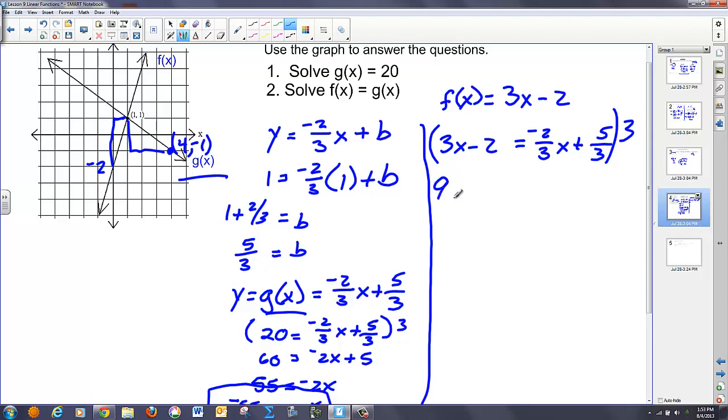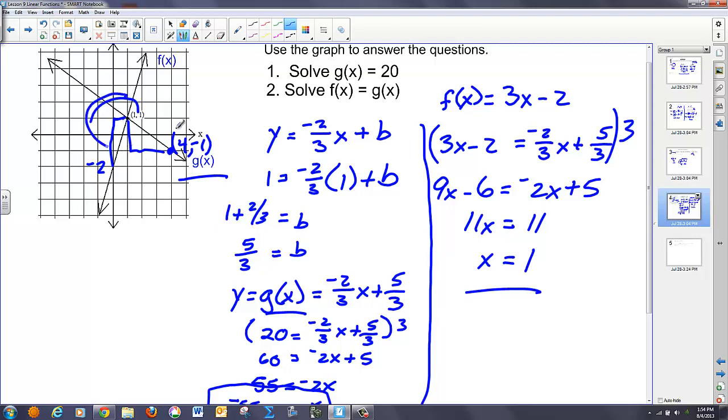That gives me 9x minus 6 is equal to negative 2x plus 5. I have 11x equaling 11. So f of x equals g of x when x equals 1, which we knew anyways because that's where they intersected.